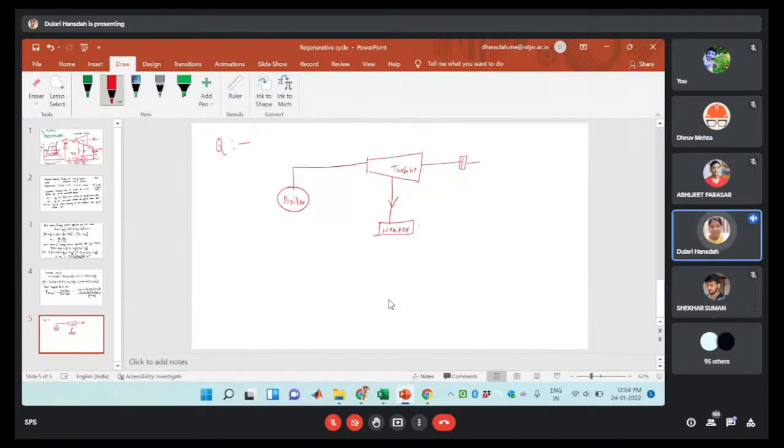So a single heater is used. Let us take it as the 2. Yeah, 1 kg, m kg, 1 minus m kg.